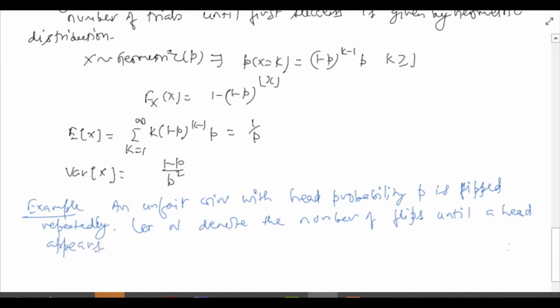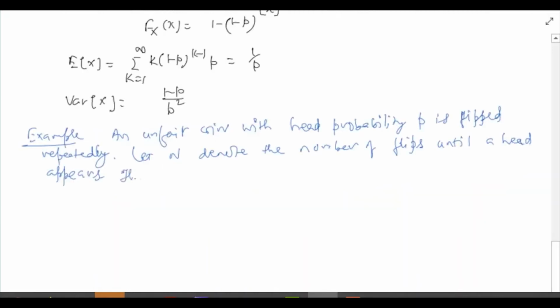Then n will be a geometric random variable. Then n will have a geometric p distribution.